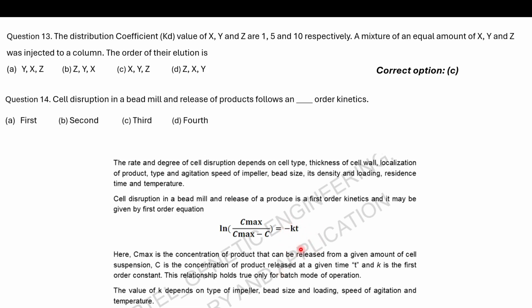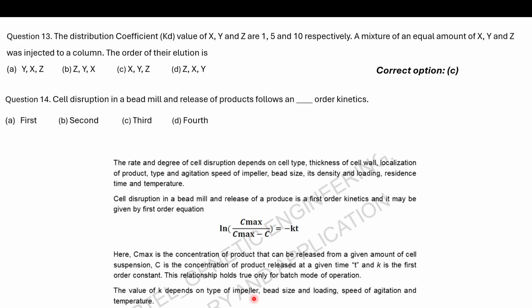And this constant here, K, actually depends on the type of apparatus that is being used, the size of the beads used for disruption, and how much bead has been loaded in the cell suspension. Also how much speed you are agitating the suspension with, as well as the temperature.